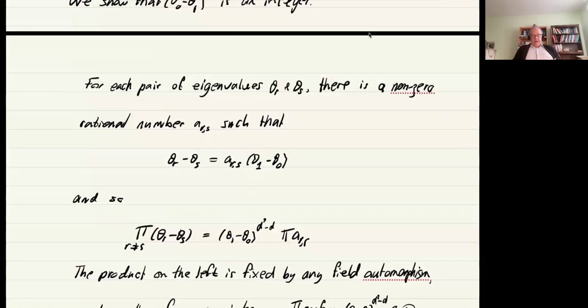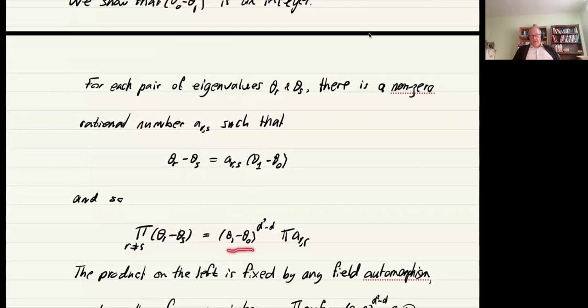So I do that and I get this product on the left. I'm going to have a θ_R − θ_S and a θ_S − θ_R, but that's okay, just leave it. And so on the right-hand side, I'm going to get a power of θ_1 − θ_0. I think the exponent is d squared minus d. It's either d squared minus d or (d+1) squared minus (d+1), but I think d squared minus d is right. And I'll let you worry about that.